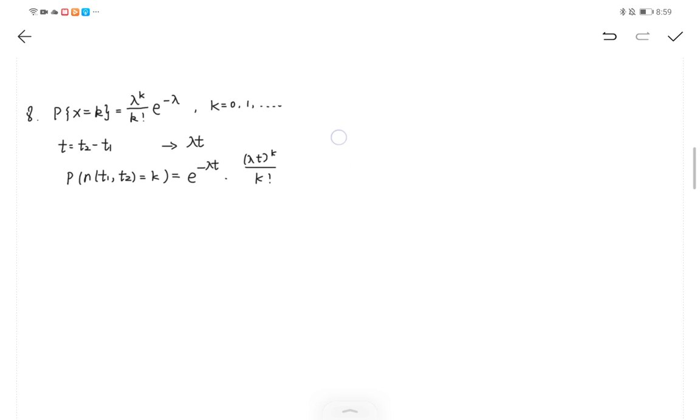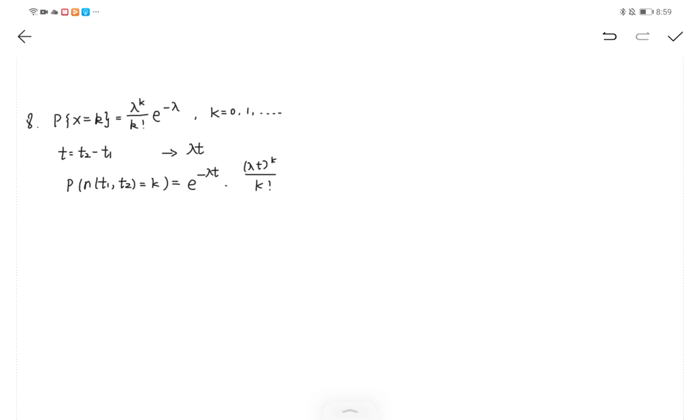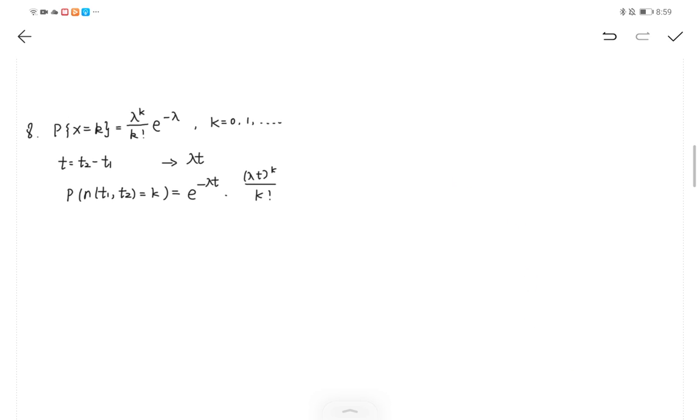From the typical Poisson distribution, we know that the expectation is lambda, and the variance is lambda too.